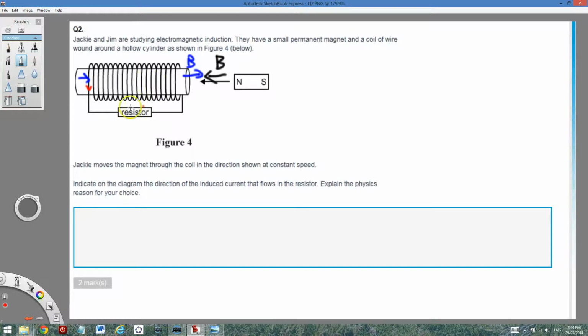So what we can say is the current induced in the outside surface layer of the solenoid must be downwards. Thus, if you follow the wires, current travels from left to right through the resistor.